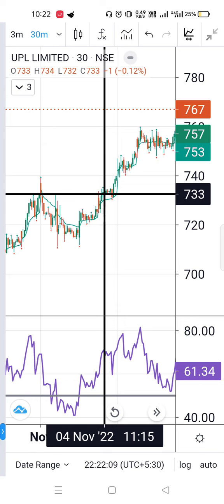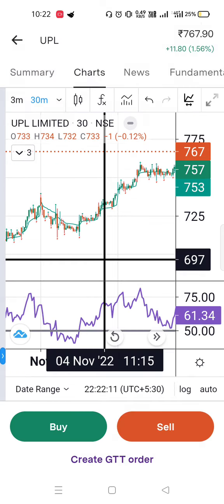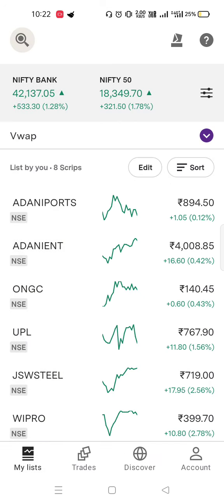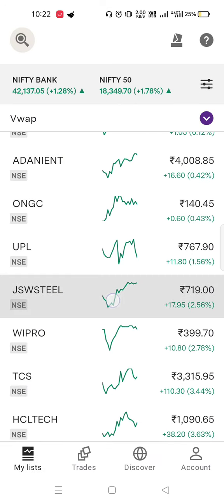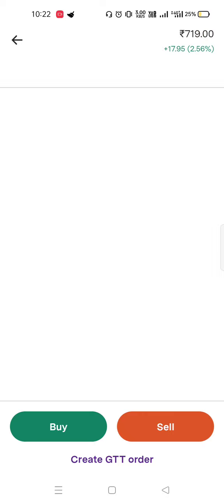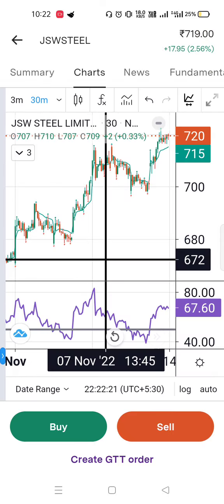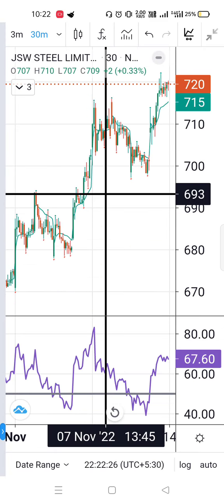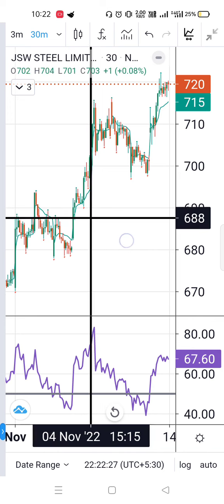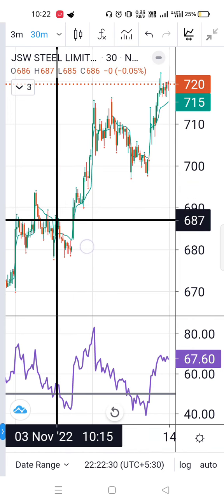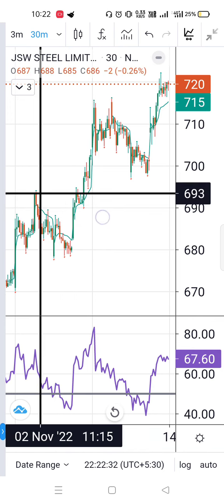Next stock, after UPL, we can go for JSW Steel. We need to check how the momentum happened on the 30 minutes time frame. This is also very good momentum. See, it came to the highest resistance area, that is the 2nd November, where you have 693.